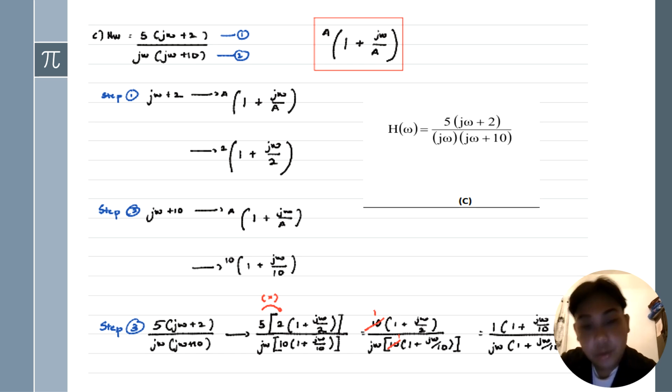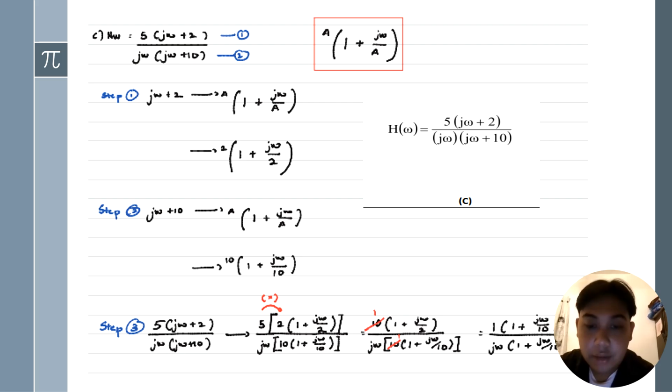So we put in the first equation, which is H(jω) equals 5(jω + 2) over jω(jω + 10). Then the new equation is 5 times 2(1 + jω/2) over jω times 10(1 + jω/10).